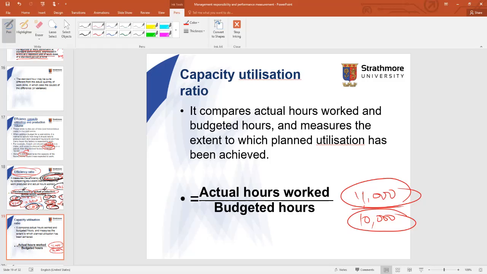What did they actually score? They scored 90%. Then that's something good. The same applies to this company. The capacity was only 10,000 hours, but they're actually able to stretch themselves to 11,000 hours. Therefore, of course, we express this as a percent.